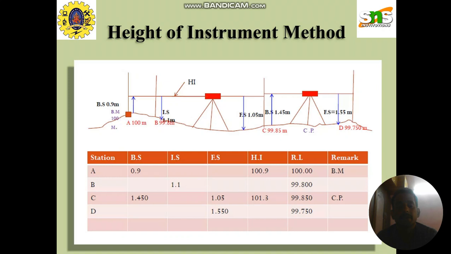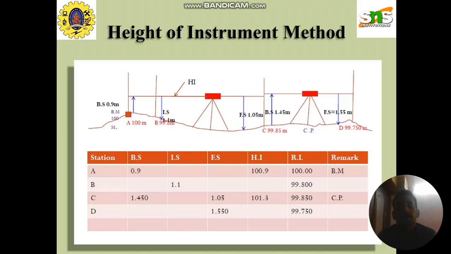So 1.05 is marked in foresight. After shifting the position of the instrument, the same point, that is the change point, is viewed again and marked in backside reading. So the backside reading 1.45 is marked.